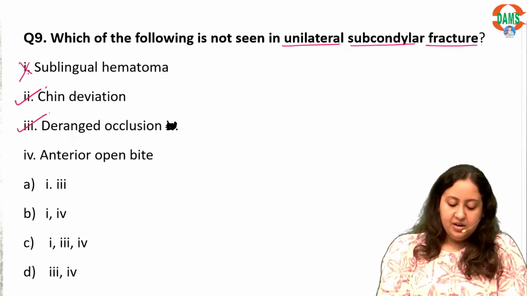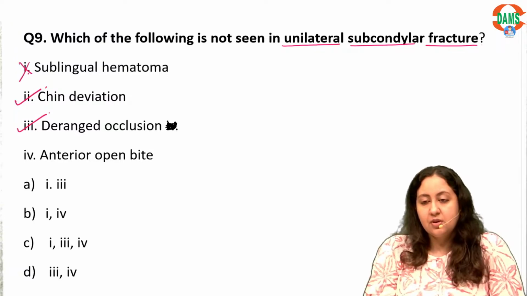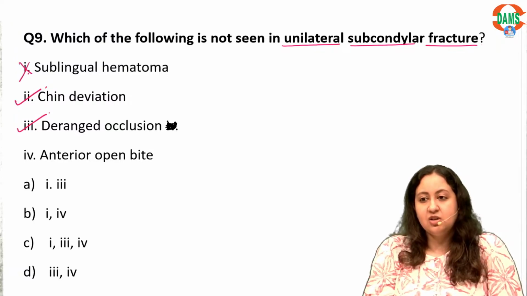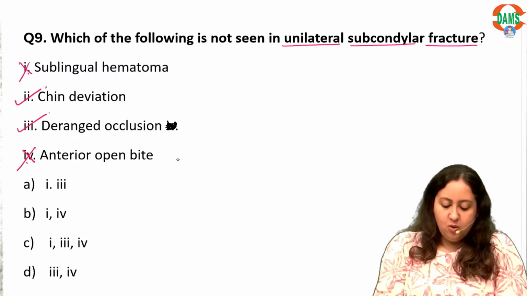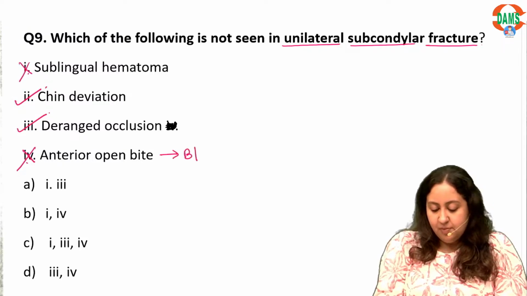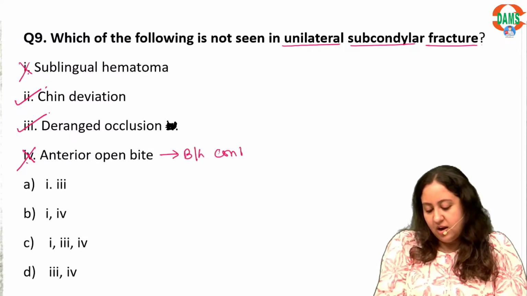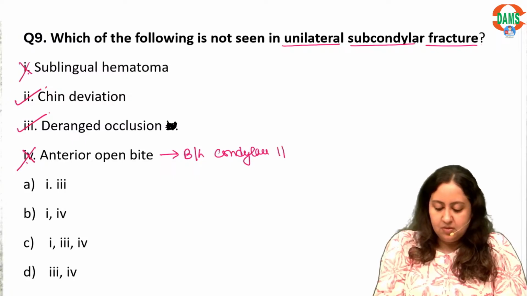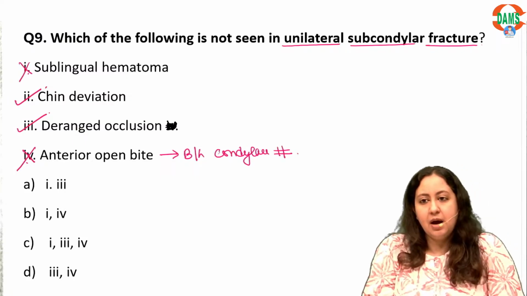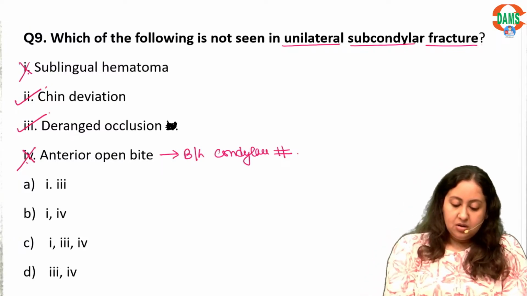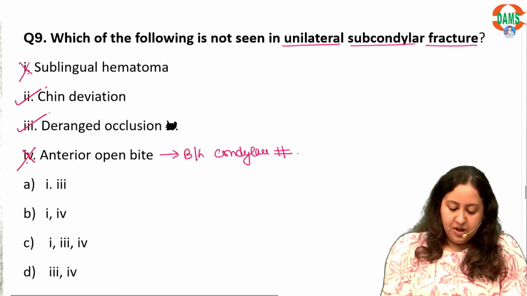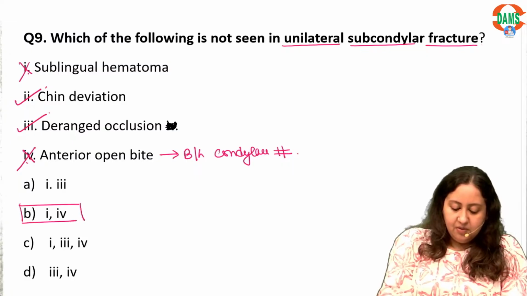Yes, there will be deranged occlusion. All right, due to subcondylar fracture, there can be posterior crossbite or open bite. There won't be anterior open bite, which is seen only in bilateral condylar fractures. All right, this is seen only in bilateral condylar fractures. So the answer here would be option B, that is 1 and 4.